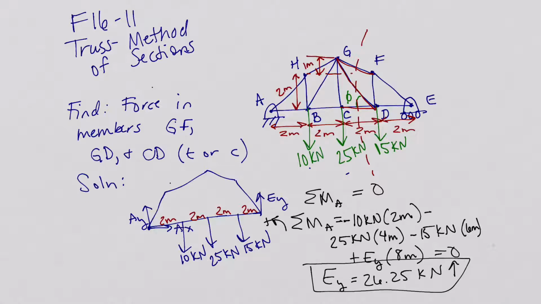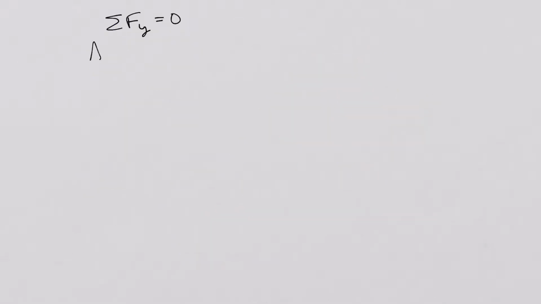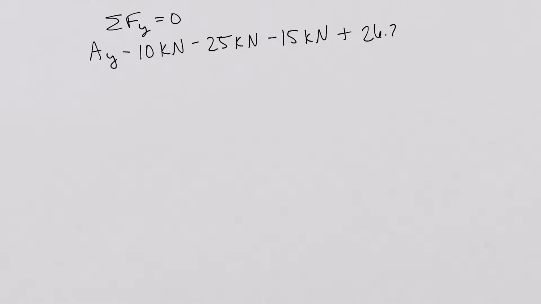Alright, so now we have EY. Now we can sum the forces in the y direction, and that'll give us AY. So let's sum the forces in the y direction equal to 0. For that, we're going to have AY minus 10 kilonewtons minus 25 kilonewtons minus 15 kilonewtons plus that EY that we just found, 26.25, and that's going to equal 0.